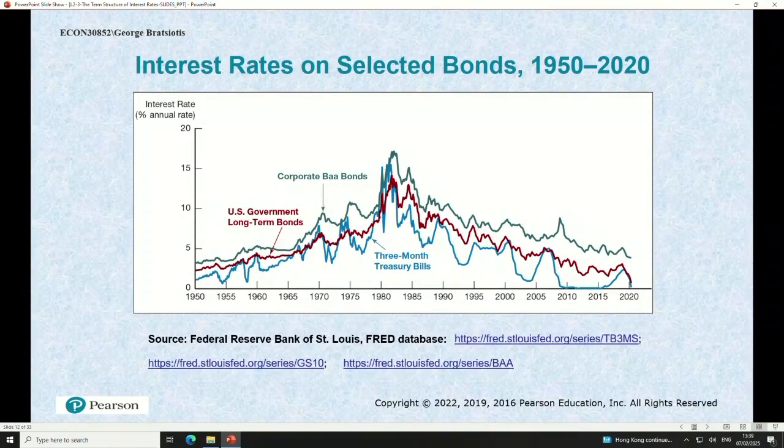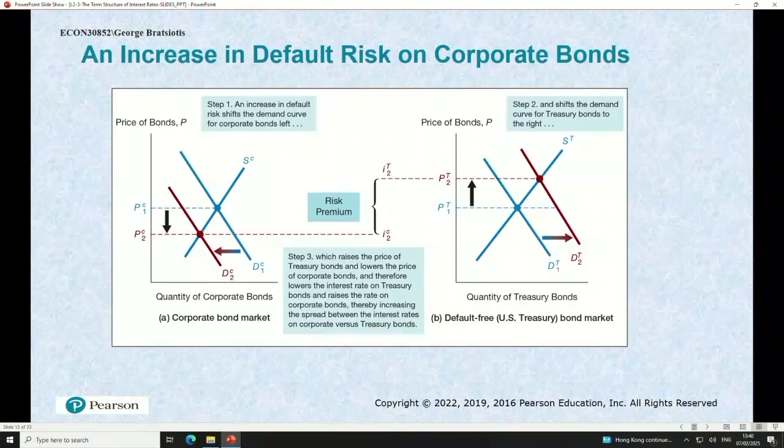I mean, we still have one later on today, but this is what I was saying, that in times of uncertainty and financial crisis, there's a switch from corporate bonds to government bonds. People want to hold something safer, and we'll explain that in the class if we haven't done it already. So this is what happens.